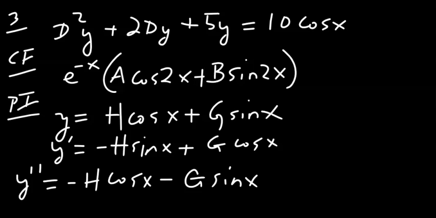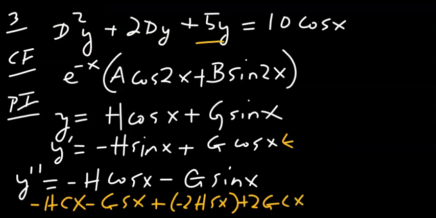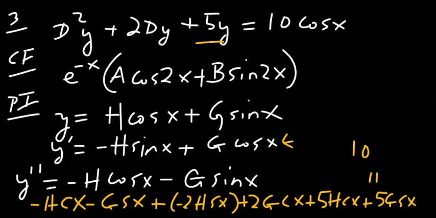Upon that substitution, I'm going to get minus h cosine x, I'm going to write cosine x as cx as an abbreviation, minus g sine x, so that's that term, plus 2 dy, so 2 times this, so minus 2h sine x plus 2g cosine x, plus 5y, so plus 5h cosine x plus 5g sine x, and that equals 10 cosine x, because the right hand side is 10 cosine x.